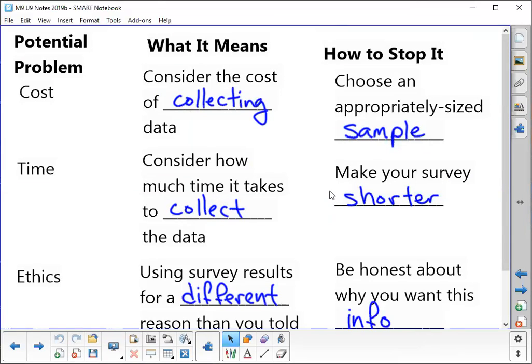Another thing to keep in mind with time is how long your survey is. How many of you are likely to complete a half-hour-long survey? Depends on the survey, I guess, but probably not. To be honest, if a website says, can you answer 4 questions after you're on this website?